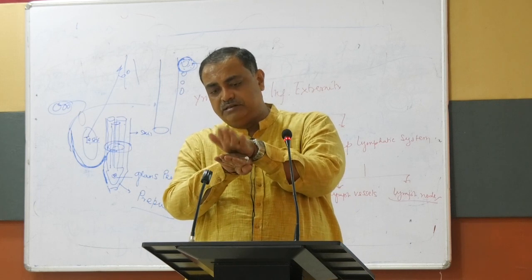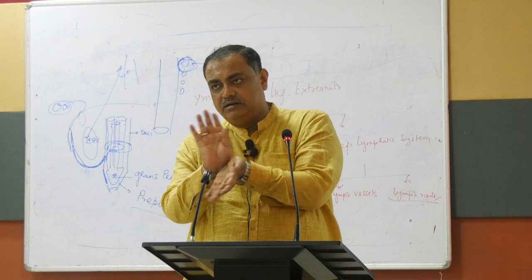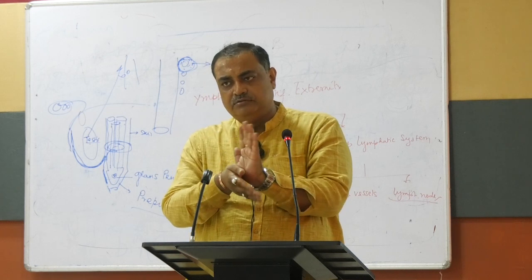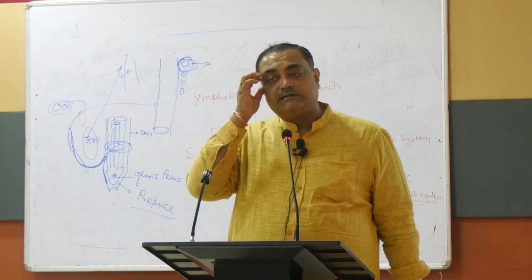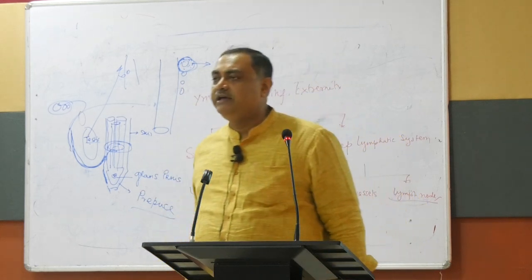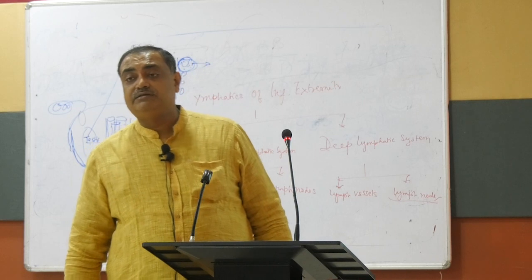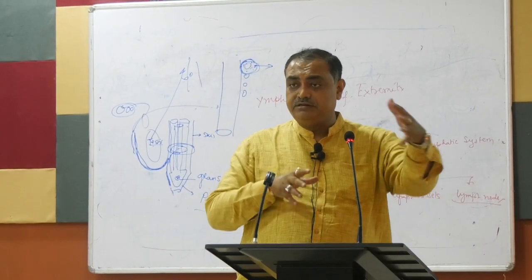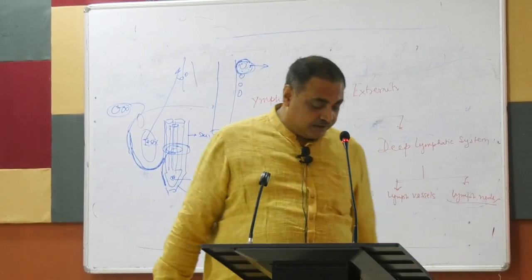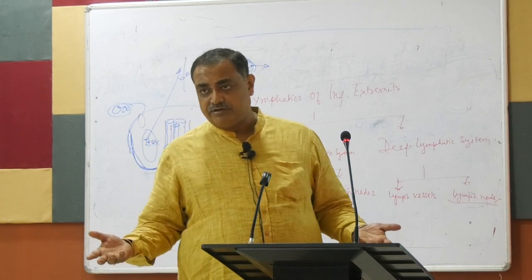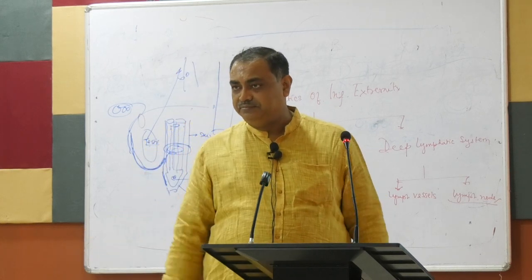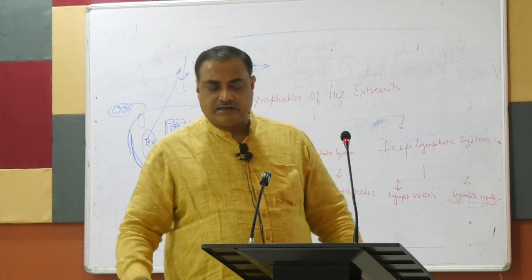They might be like this, they might be like this, any side it might go. So these arrangements are described by tertiary structure. That's why it is very difficult to describe tertiary structure, because it is totally three-dimensional. Secondary structure is simpler than tertiary structure.